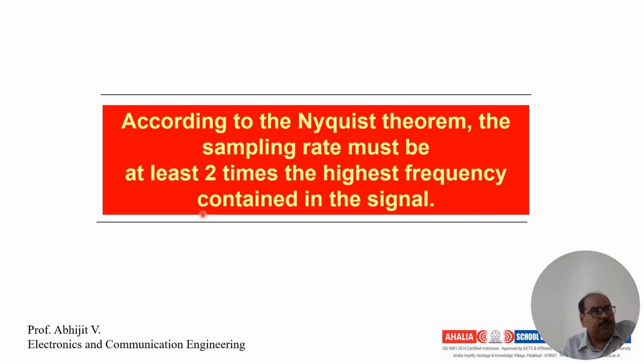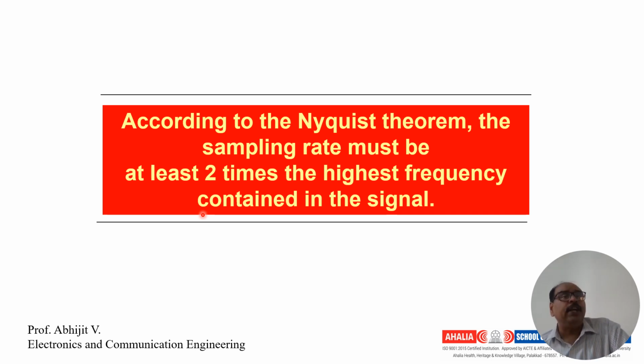It states that the sampling rate should be at least 2 times the highest frequency contained in the signal. That means Fs is equal to 2 Fm at least, minimum. Fs is greater than or equal to 2 times Fm, where Fm stands for the highest frequency component in the signal.